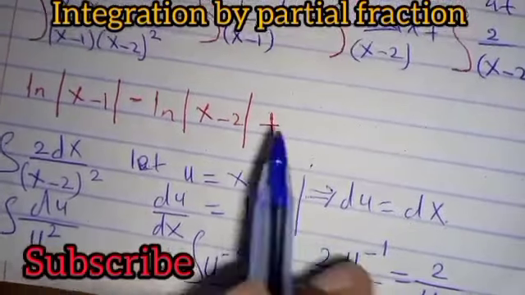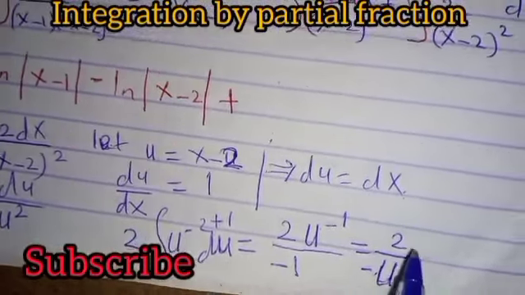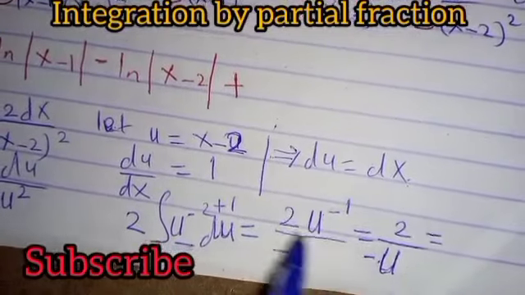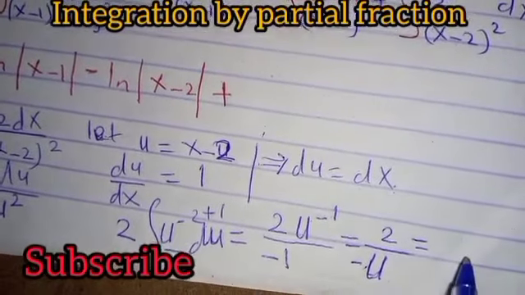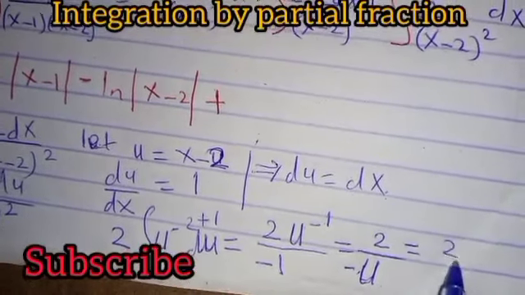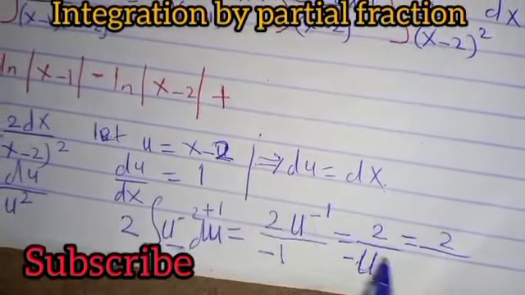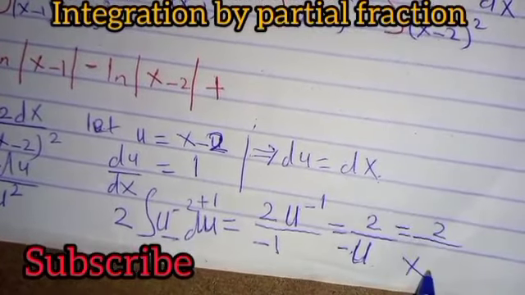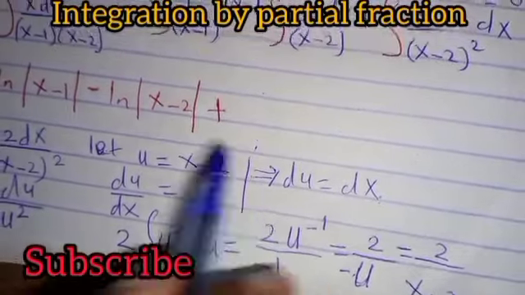So when we come here now, we can substitute with our u. Our u is x minus 2. So we come here and write our result.